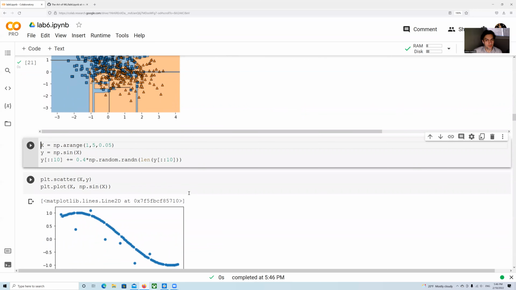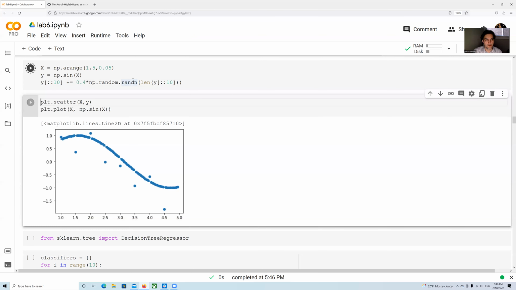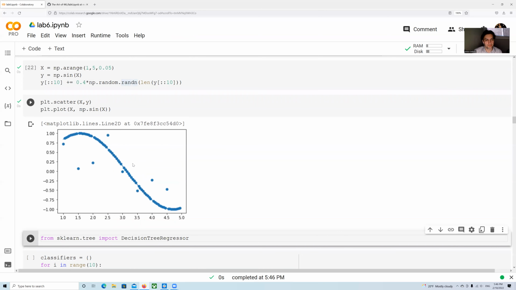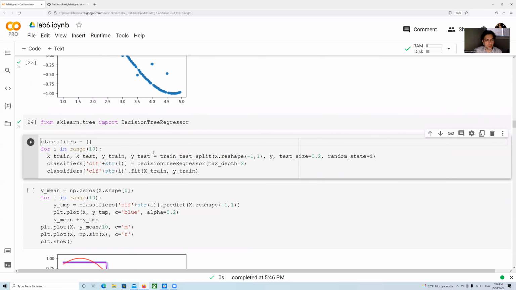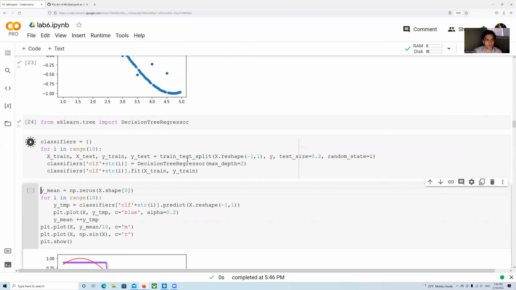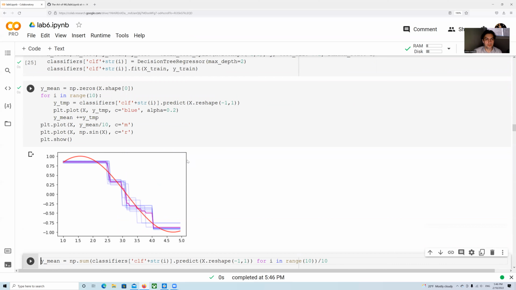Now let's try to do this for regression. I created two examples, a sinusoid with some random points. And now we train 10 decision trees of depth 2. And here is the result. As you remember, for regression, we take the average of the predictions.